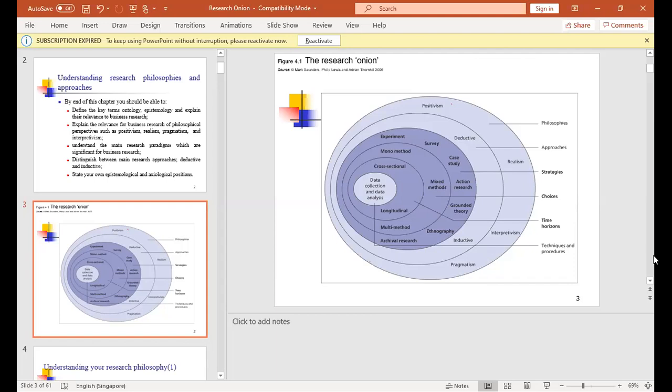So what is your next step? The research approach. This case study. Case study, right? So you have separate cases.